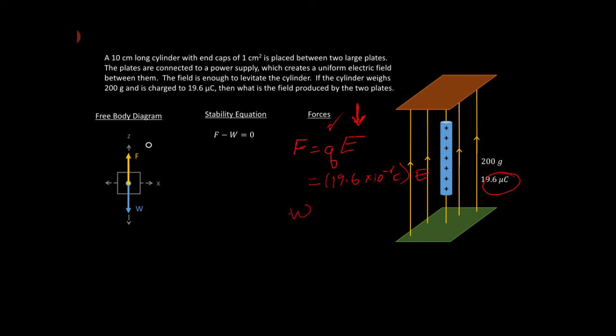And then we have the weight of the object, which is its mass times the gravitational acceleration. We have 200 grams. 200 divided by 1,000 gives us 0.2 kilograms, because kilograms are the unit in the metric system. And that's times 9.81 meters per second squared. So what is that?